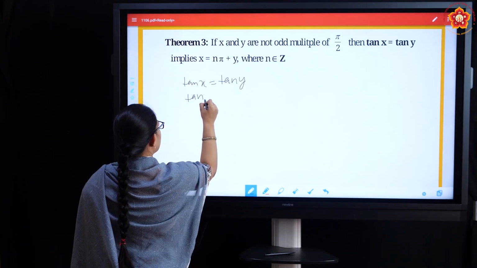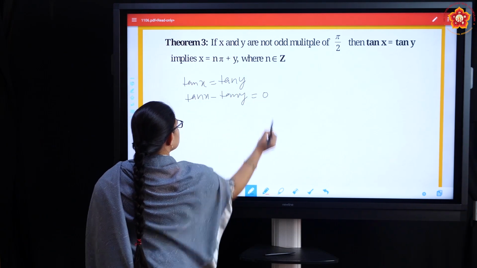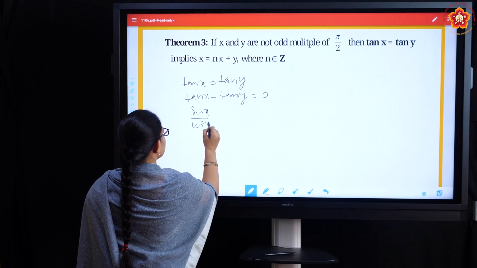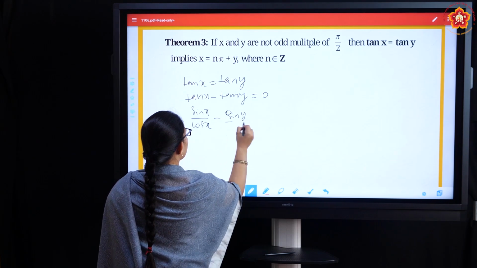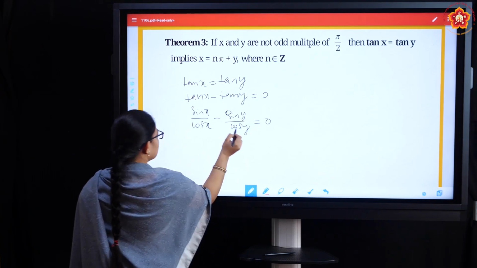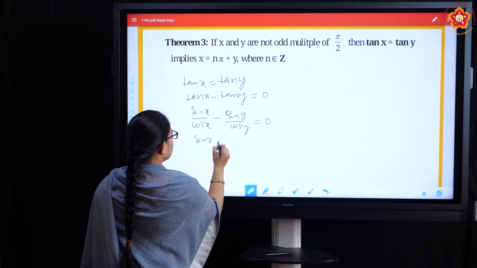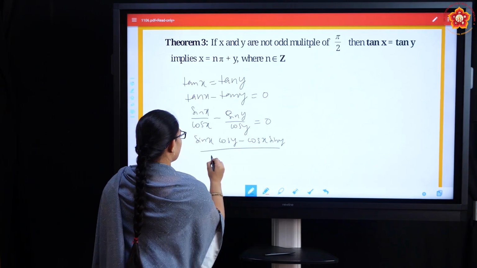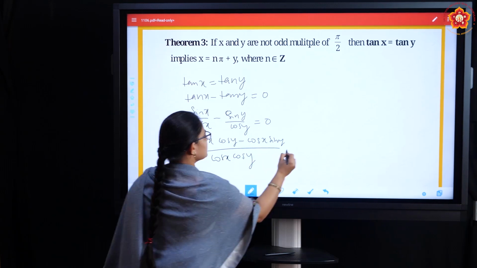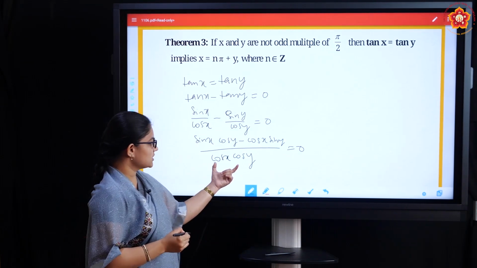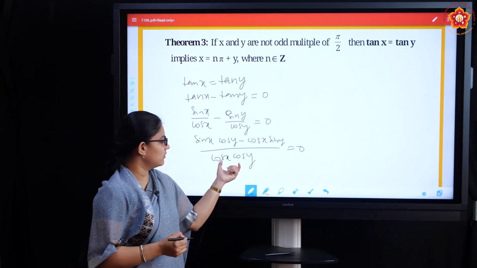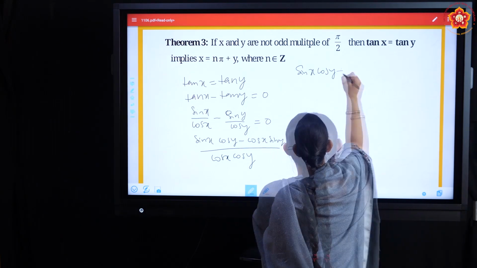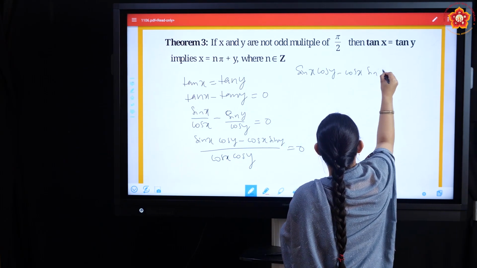So I can write that as tan x minus tan y is equal to 0, or I can take this as sin x by cos x minus sin y by cos y is equal to 0. Now simplify this, that is (sin x cos y minus cos x sin y) divided by cos x into cos y is equal to 0. Now cos x cos y, if I take to the other side, 0 into that will be 0. So what is remaining is sin x cos y minus cos x sin y is equal to 0.